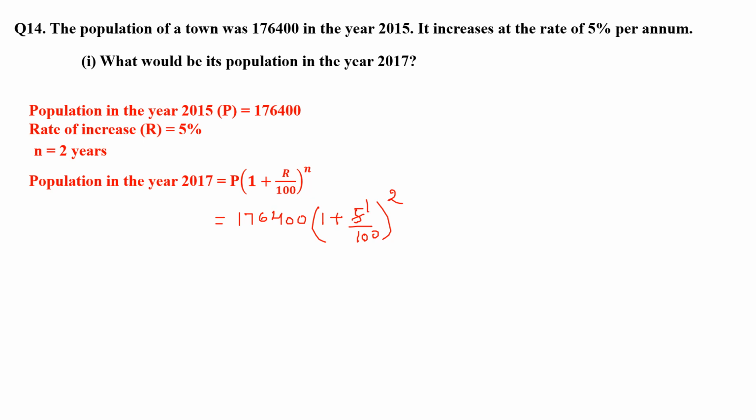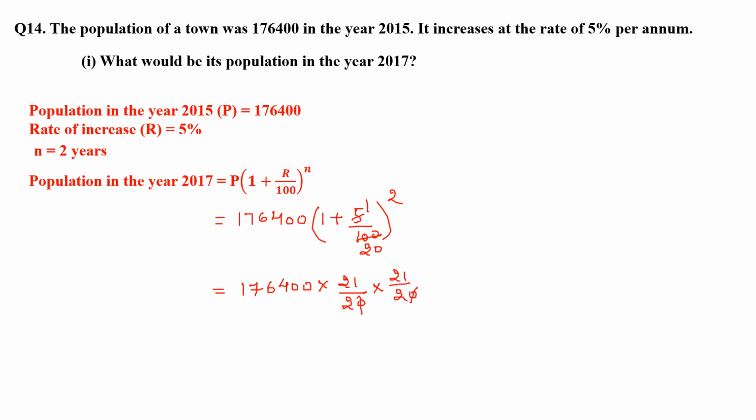Now reduce it, so it will be 1 by 20. Now it is 1,76,400, and if you take LCM, it will become 21 by 20 whole square. So whole square I am writing it as 21 by 20 into 21 by 20.